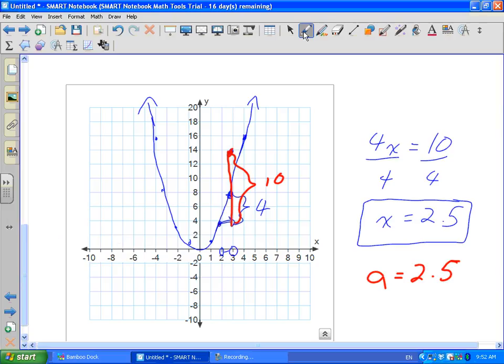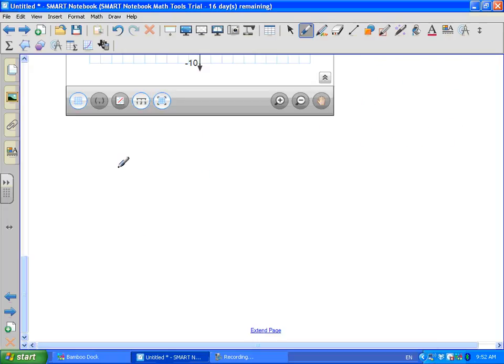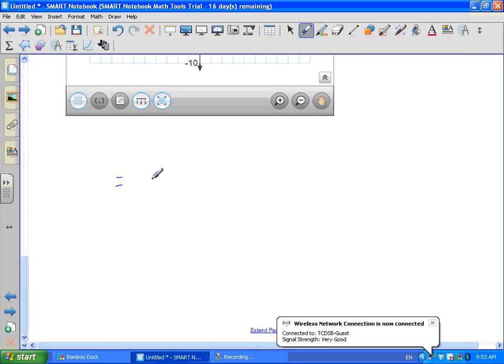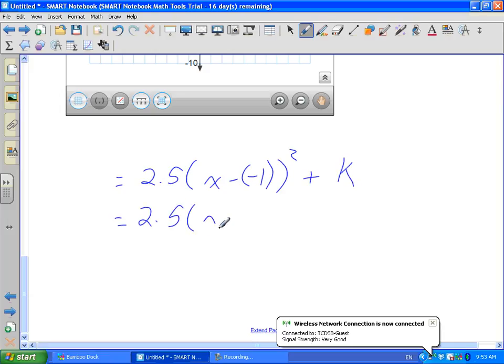So, when I rewrite this in vertex form, we have our a is going to be 2.5, x minus, we know that our h is -1, so when we simplify it, we have x plus 1 squared plus k. This equals y.